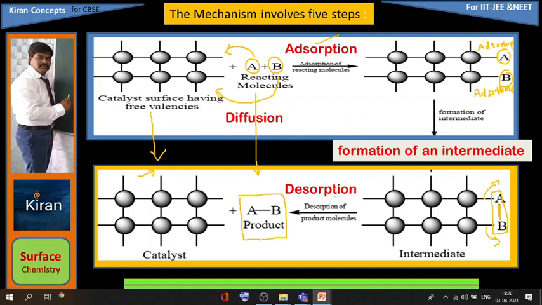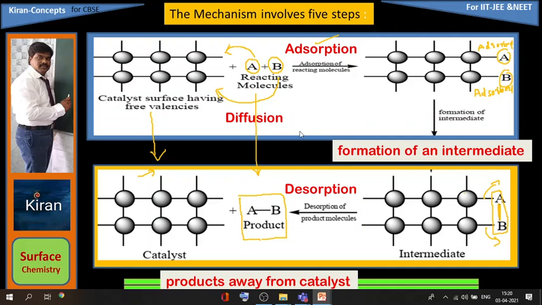And after desorption, what will happen? The products move away from the catalyst. This product is moving outside, moving some distance away. In this way, the catalyst is involved in the adsorption process.